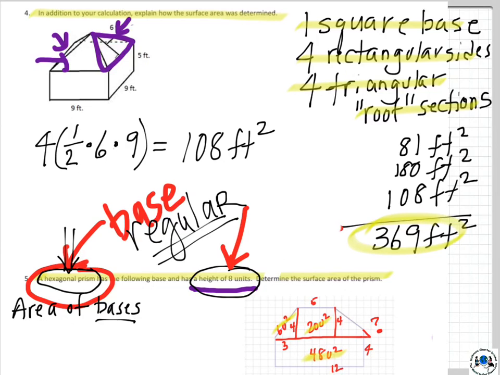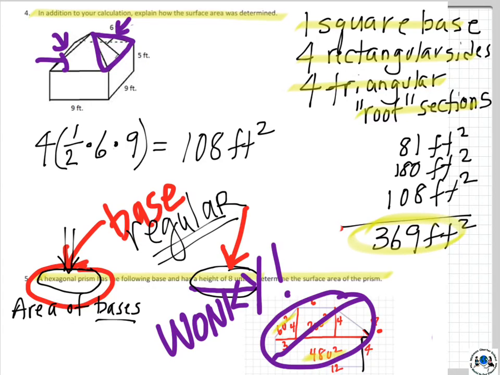But here's where it all falls apart. Right there, that little 4 by whatever section is actually not a triangle. So it kind of falls apart right there. We're going to call that one a bit wonky. We're not going to do that because I don't want it to be a hassle.